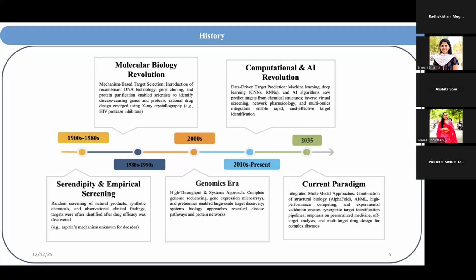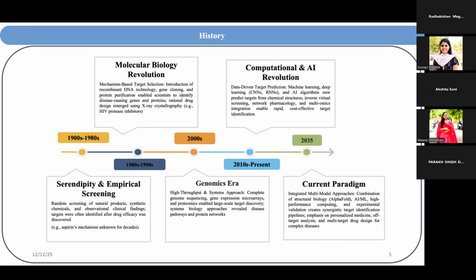There came structure-solving techniques like X-ray crystallography and protein purification techniques. After these preliminary steps, everything shifted to the genomics era in 2000. There came the Human Genome Project, which was successfully completed between 2003 and 2025.